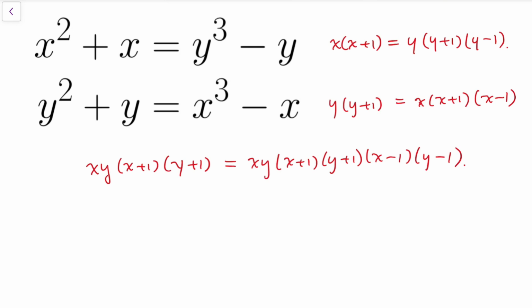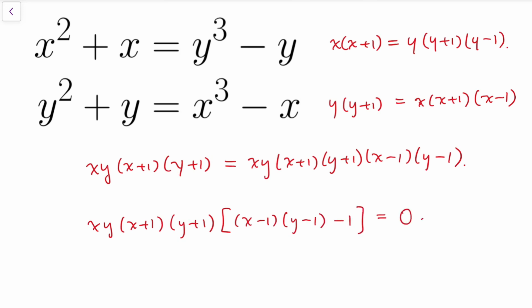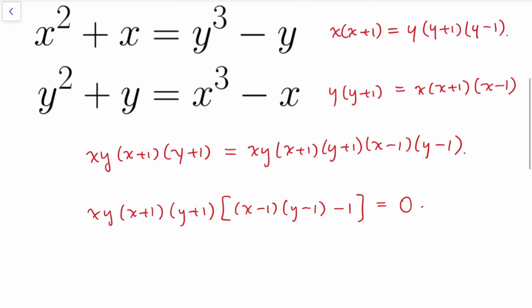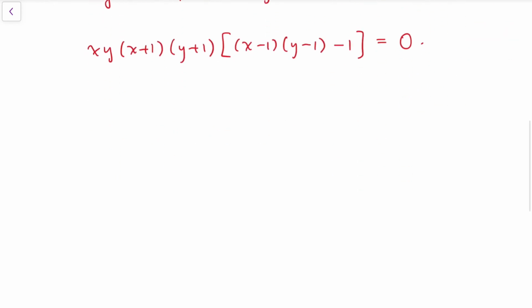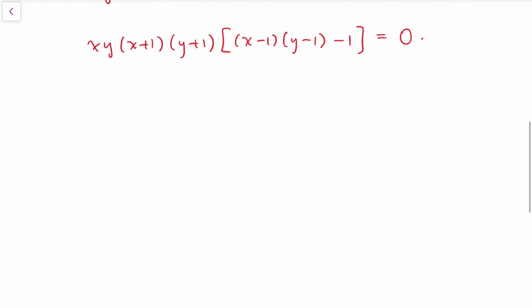So if I move the expression at the left to the right, then we have a common factor, which is xy times (x + 1) times (y + 1), multiplied by (x - 1)(y - 1) - 1, and the product equals 0. So this quickly gives lots of solutions.